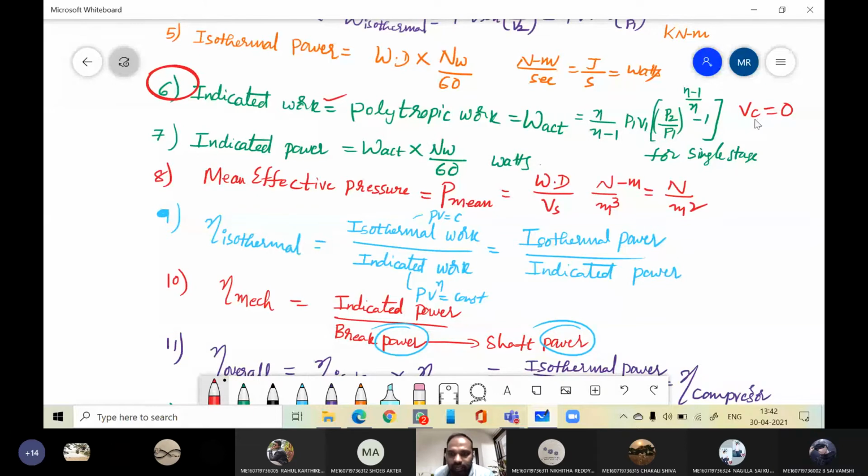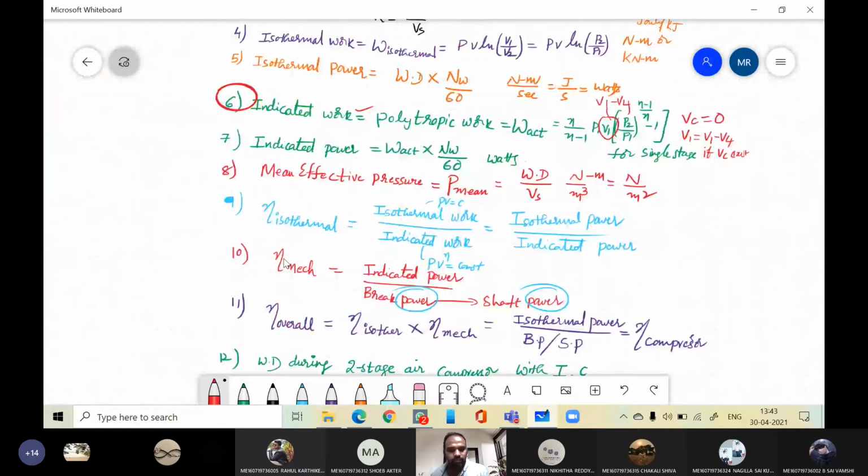Suppose if you consider clearance volume, V1 will become V1 minus V4 if VC exists. Remember, if clearance exists, this V1 is replaced by V1 minus V4. If there is no clearance, V1 is V1 only. That's about the clearance volume.